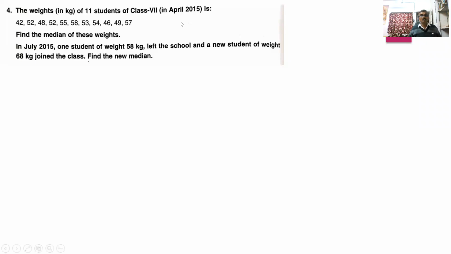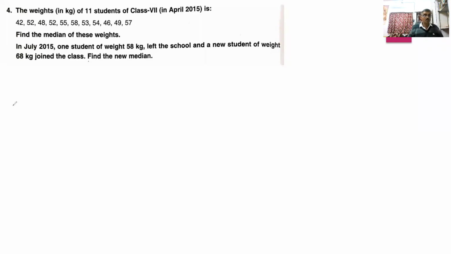Find the new median. First of all, we have to find the median with 58 kg. Then we have to find the median when the student of 58 kg left the school and the student of 68 kg joined the class. Let us start. First of all, what do we do? Arrange the data.